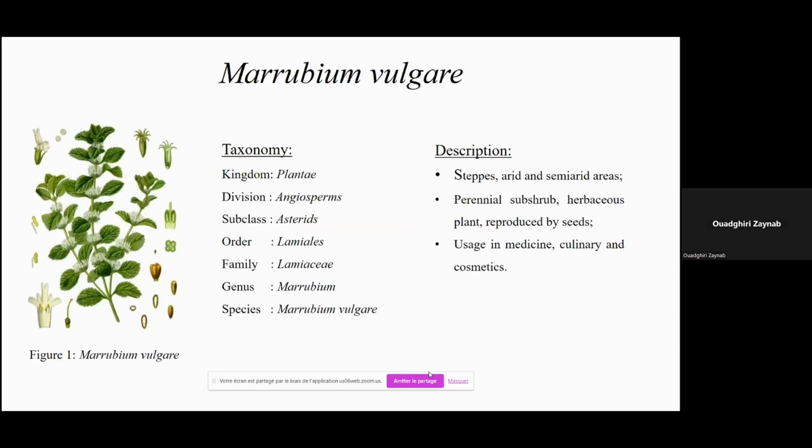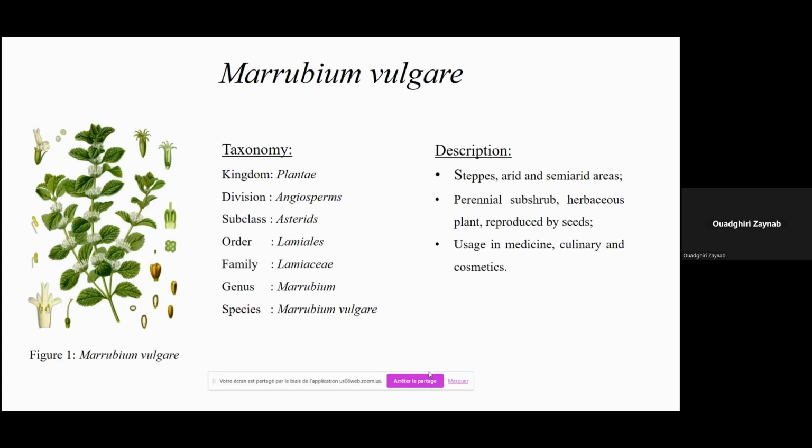So firstly, horehound is the most well-known English common name of Marrubium vulgare. It belongs to the Lamiaceae family. It is an aromatic plant and generally appears in the early spring. Horehound is considered of high importance thanks to its traditional usage and is increasingly recognized for its biological properties.